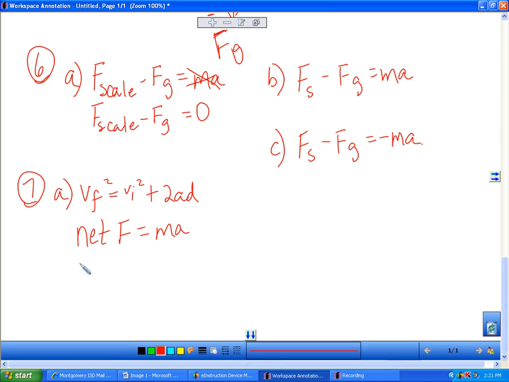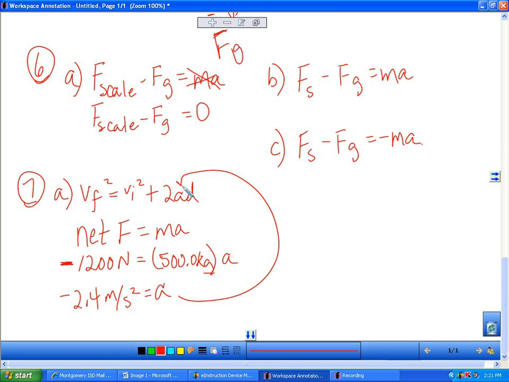So I know my net force is given to me as 1,200 newtons, and I'm going to make it negative because it's a stopping or retarding force. Mass is 500 kilograms. So I should easily be able to solve for the acceleration, and I believe you're going to get a negative 2.4 meters per second squared, which you can then put up here as your acceleration.